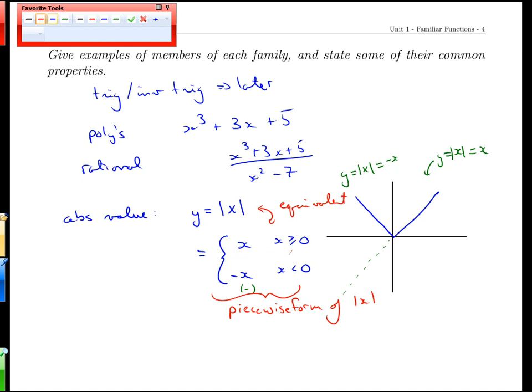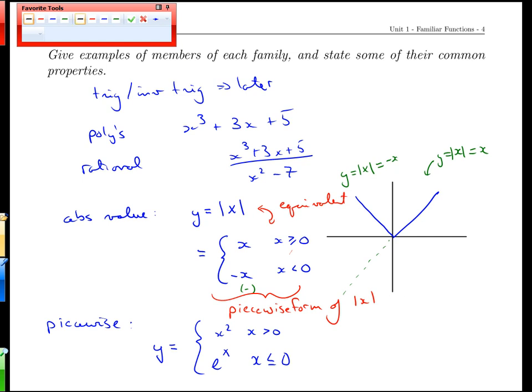Other ways we can do general piecewise functions, there's no reason why it has to be something as simple as absolute value of x. We could have something more exotic like, I don't know, let's do an x squared for x greater than 0 and an e to the x for x less than or equal to 0. What would that look like?